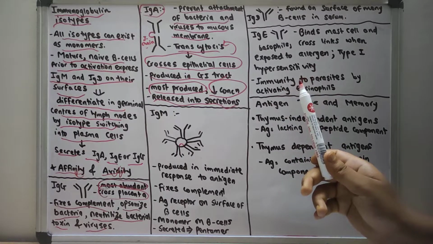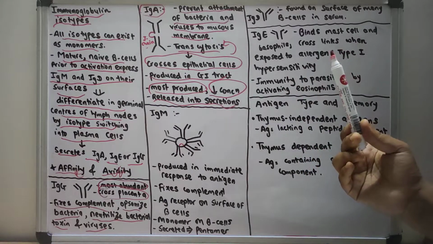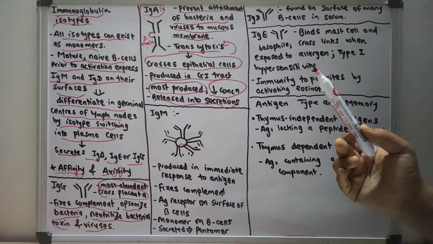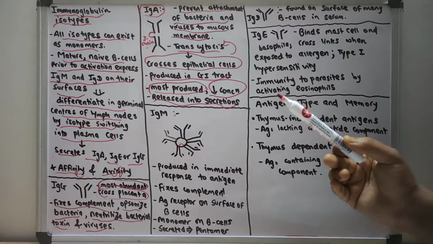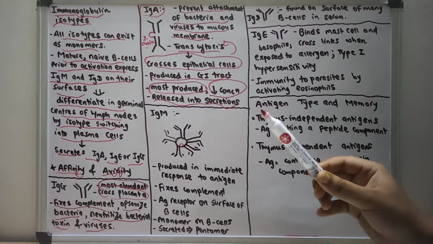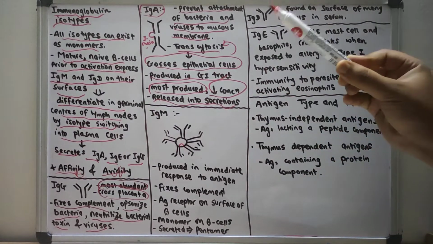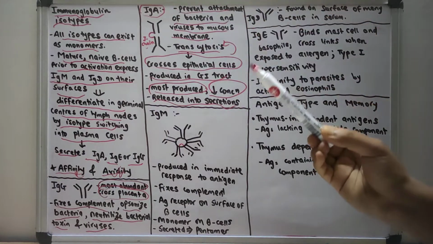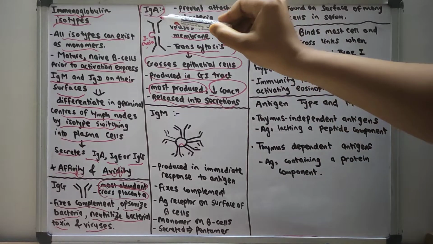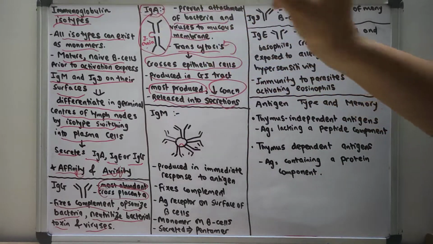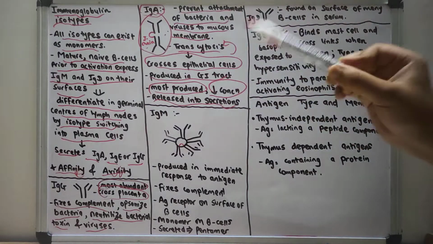It picks up the secretory component from the epithelial cells, which protects the Fc portion from luminal proteases. So you have to know that immunoglobulin A can also exist as a monomer, but when it is secreted, the J chain is present and it exists as a dimer.